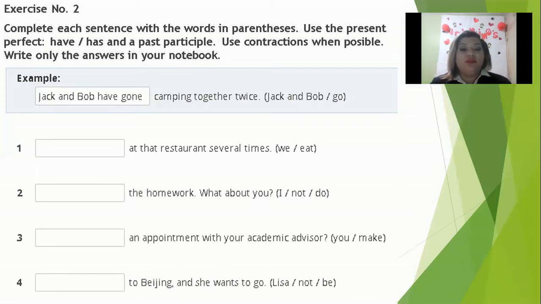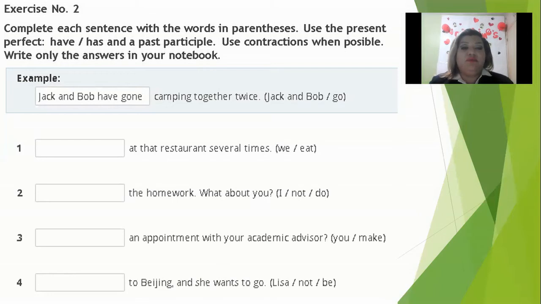So for example, you're going to write number 1, you're going to read the sentence, and you're only going to write the answer in your notebook. I'm repeating, you're only going to write the answers in your notebook.